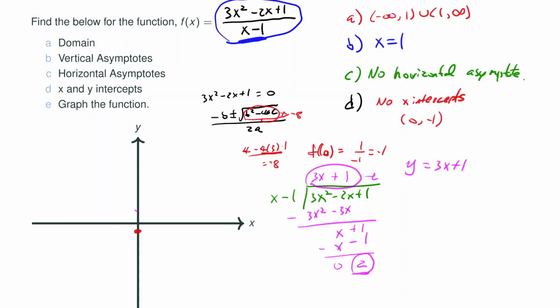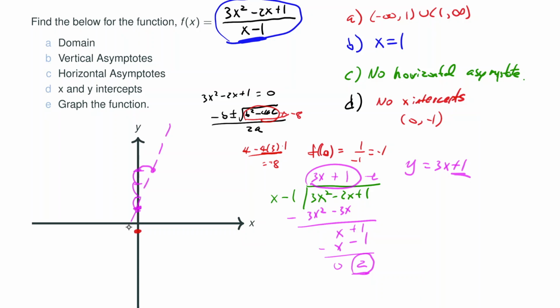So if the y-intercept is 1, the slope is 3, right? That means rise 3, 1, 2, 3, and go over by 1. I should draw that a little better. We start at y equals 1, the y-intercept, go 1, 2, 3, and over by 1. So connect these two dots. This is the slant asymptote.